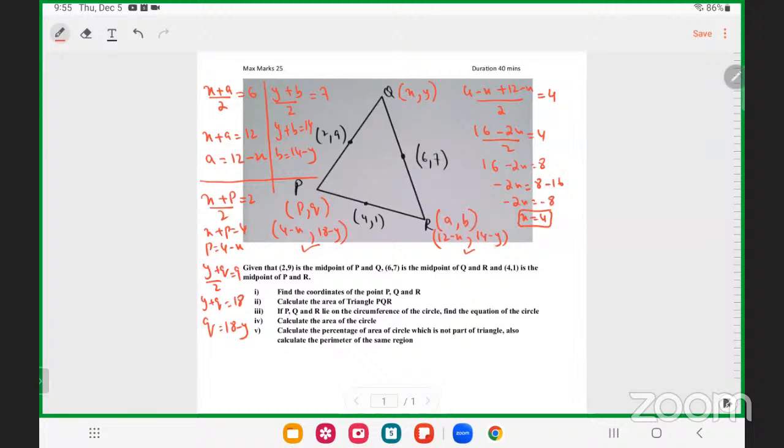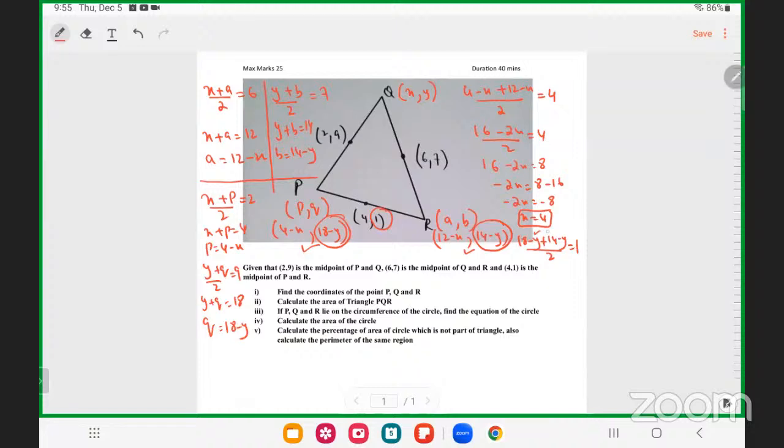Similarly, (18 minus Y plus 14 minus Y) divided by 2 is 1. This time I'm using these two coordinates, finding their midpoint and equating it to 1.